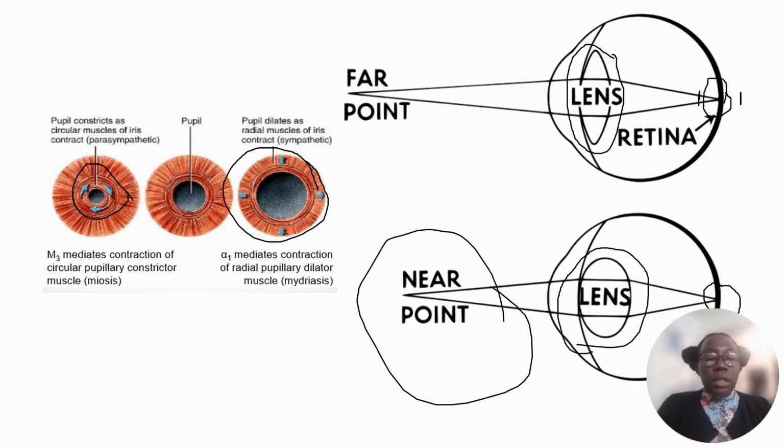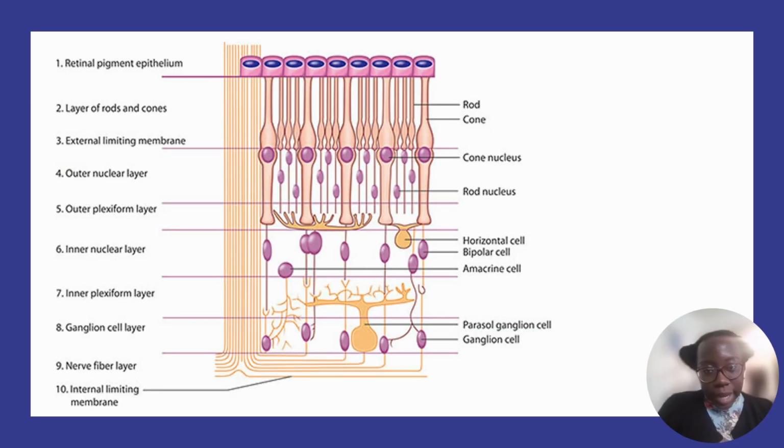Let's now take a look at the retina that I've been talking about nonstop. The retina has cells here that actually convert the image. You have the rod cell and you have the cone cell. The difference between the rod and cone cell: the rod cells allow you vision when there is little light.